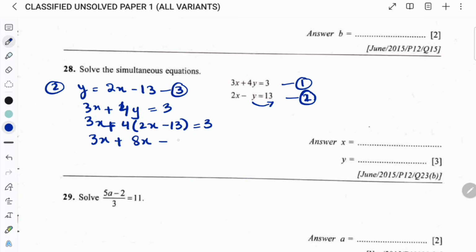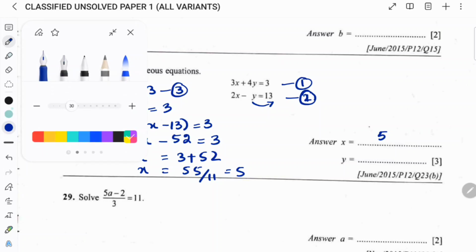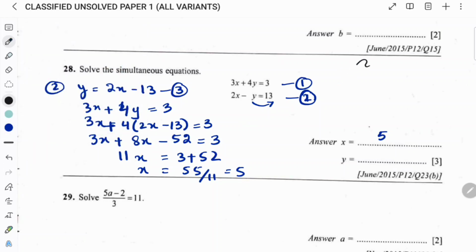So 3x plus 8x minus 52, 4 times 13 is 52, is equal to 3. 8 and 3 will become 11x is equal to 3 plus 52, and that will become 55, which is a multiple of 11, then x is equal to 5. x is 5. We are going to find out the value of y. So for y I'm just substituting, this is the substitution method.